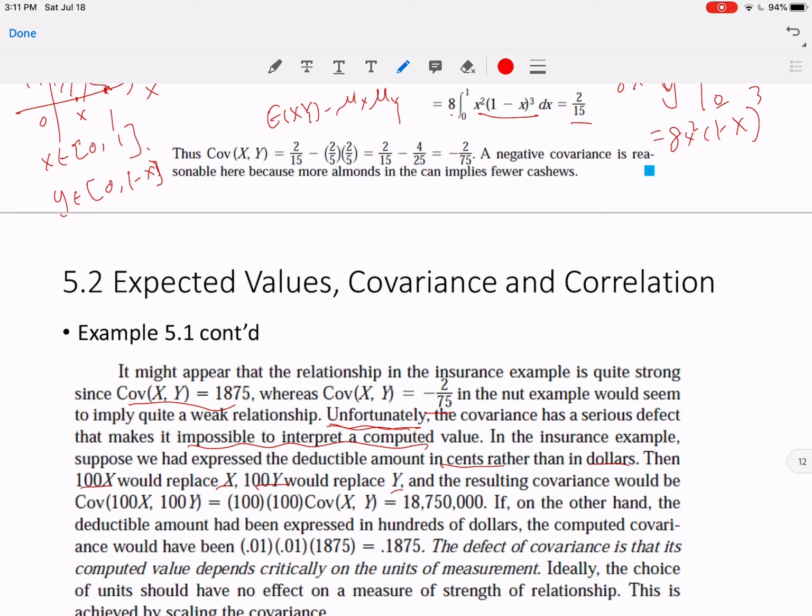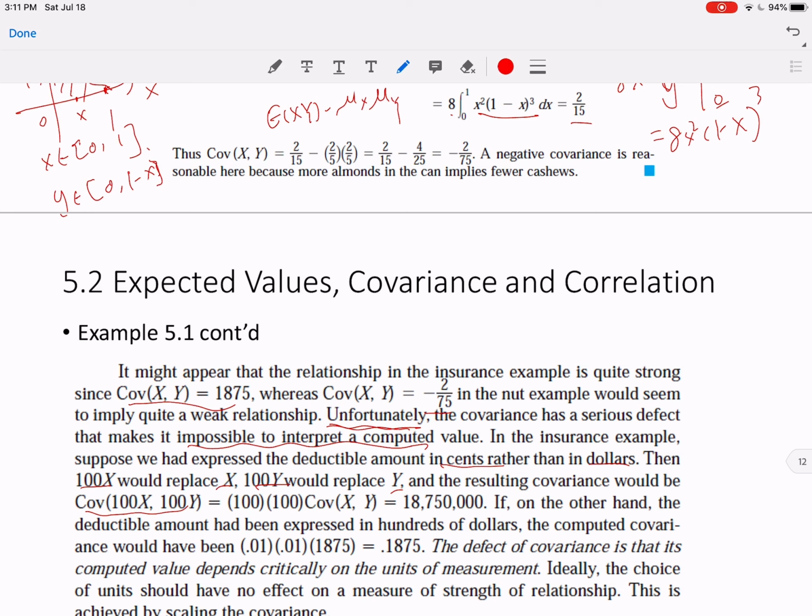So the covariance we are looking for would be the covariance of 100x and 100y, and based on the property of covariance, we can pull the constants outside.